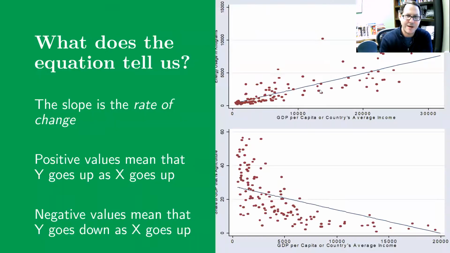But before I do that, I want to highlight what we're talking about when we think about that slope or that rate of change. A positive slope means that as we're moving to the right on the x-axis, as we're counting up on the x-axis, we are also going up on the y-axis. Positive direction on x, positive direction on y. A positive times a positive is a positive, so it's a positive relationship.